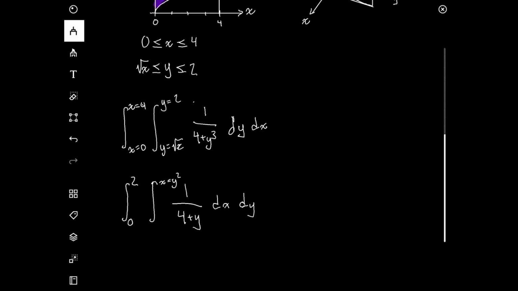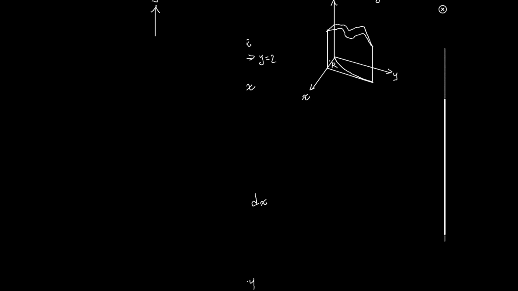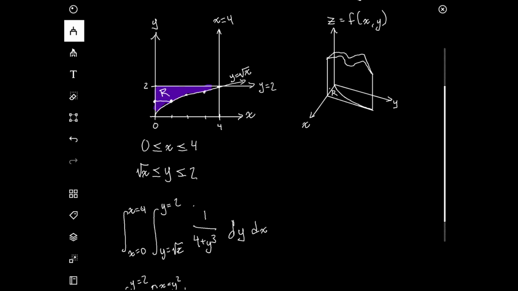In fact, let's go ahead and rewrite all of these as equations for now. x equals 0, y equals 0. Okay, these are our new bounds. Let's write these bounds up here with this graph.